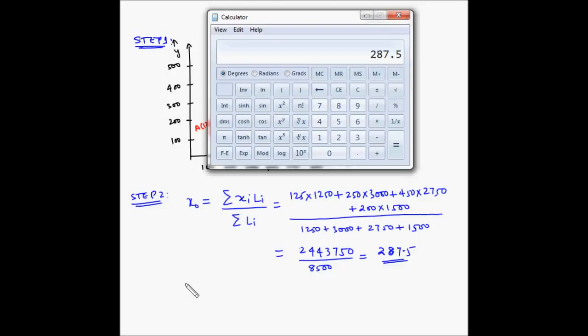Now let's move to find out the y coordinate. So the y coordinate again will be the sum of Yi multiplied by Li divided by the sum of Li.